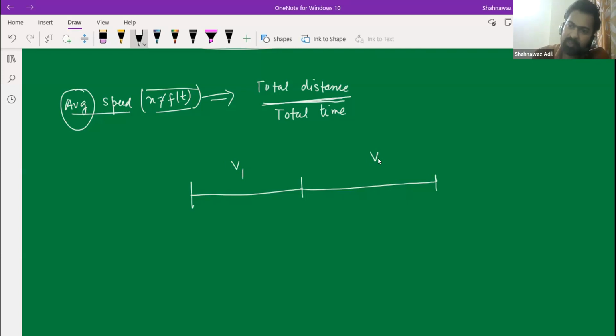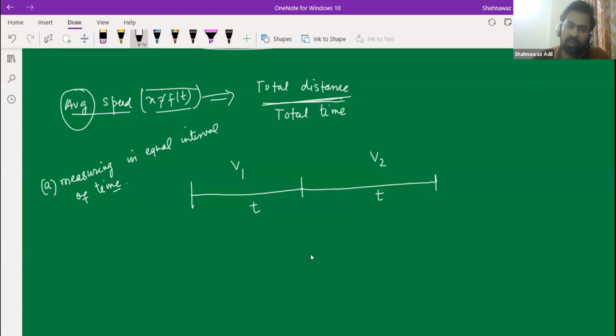In the second part, the speed is V2. But we are taking the measurement in equal intervals of time. So this is T and this is T.